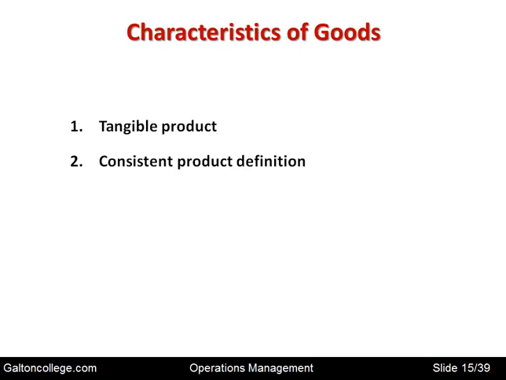Now, that may sound a trivial thing to say, but some companies may produce many products. For example, in the clothing industry, they may produce essentially the same product but in different colors. So there must be some sort of classification as to what's been produced, what styles have been produced, what colors have been produced, and so on. So there should be a consistent product definition.